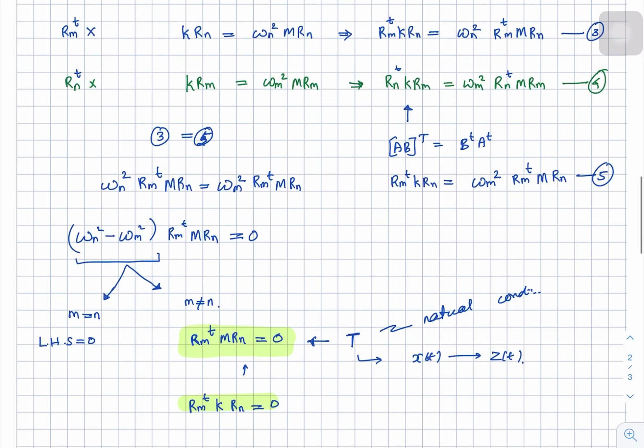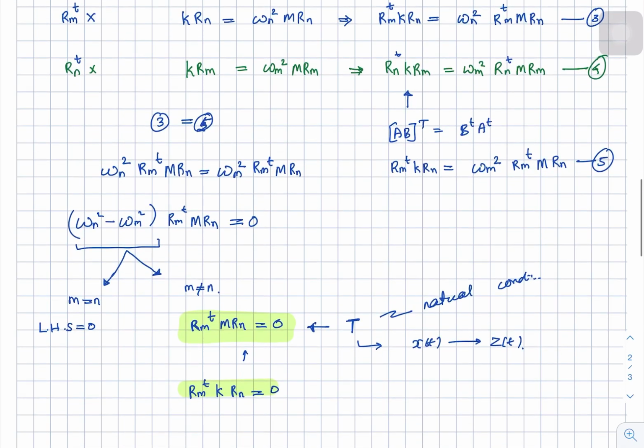I am writing equation 3 again: Rm transpose k Rn equal to omega n square Rm transpose m Rn. So substituting here, this will be equal to 0. So now we got this.